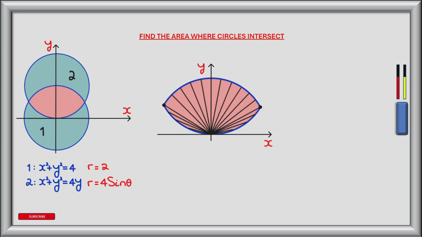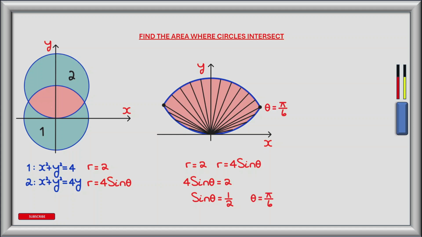To find the angles of theta where the two circles intersect, we can set the polar equation of circle 1 to be equal to the polar equation of circle 2. So the equation for circle 1 is r equals 2 and the equation for circle 2 is r equals 4 sin theta. Equating these gives 4 sin theta is equal to 2 and therefore sin theta is equal to a half.